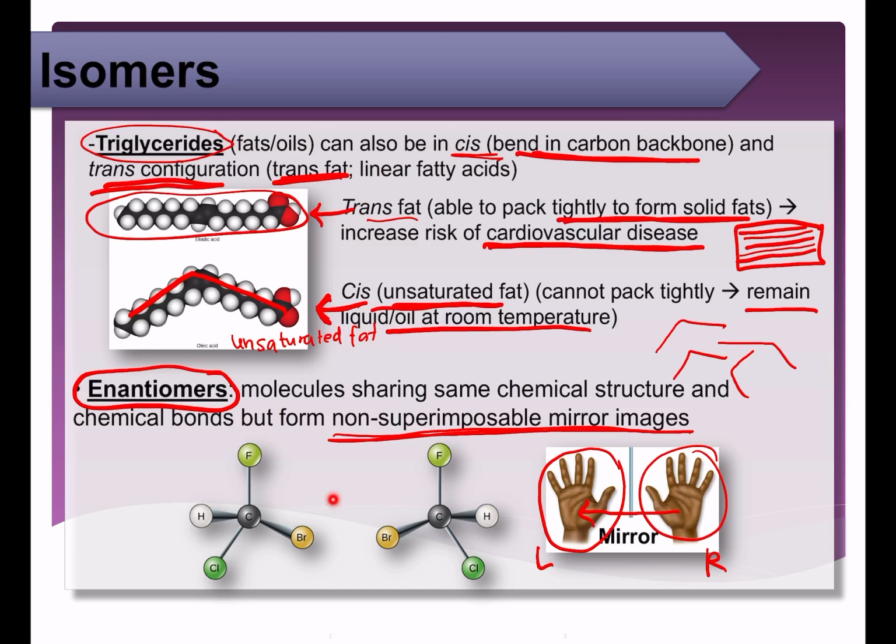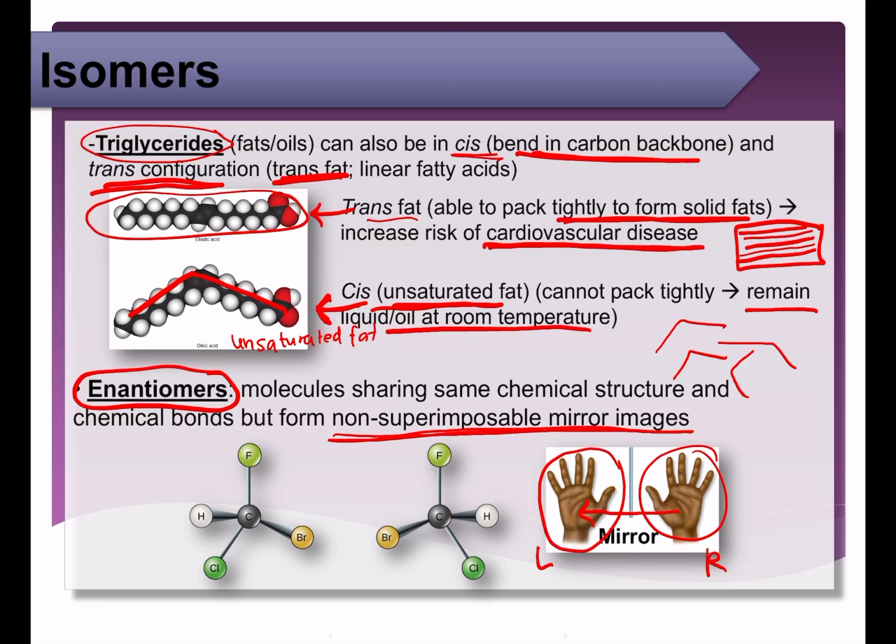Just like here in the case where you have a carbon attached to a fluorine, a hydrogen, chlorine, and bromine, okay? And then you have another carbon here that is attached to a fluorine, bromine, chlorine, and hydrogen, okay? These two molecules are mirror images of each other.